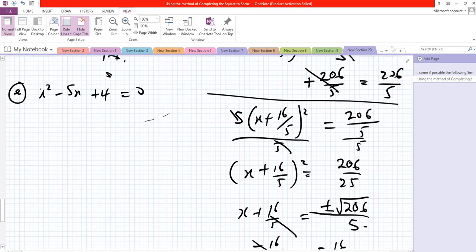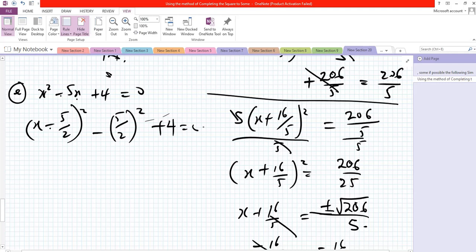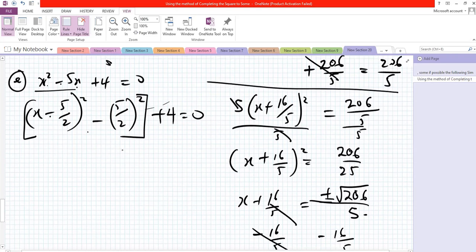So using completing the square method, you have x minus, because here is minus, here will be minus 5 all over 2, that is half of the coefficient of x, all squared, minus 5 all over 2 all squared, plus 4 equal to 0. So this is a complete square of this. Now I just added this plus 4 equal to 0.